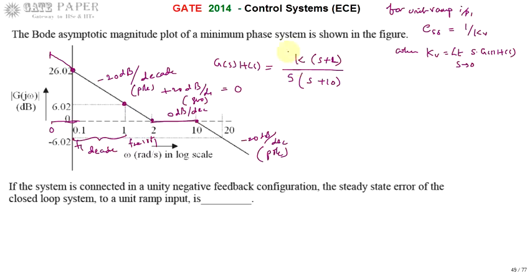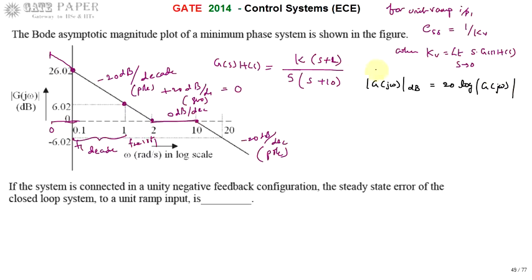Now how to obtain this K value? Because it is a magnitude plot, and in a magnitude plot the magnitude is given in decibels. The magnitude of G(j omega) in decibels is equal to 20 log of G(j omega). A normal linear gain can be converted into decibel gain by taking 20 log of that value.